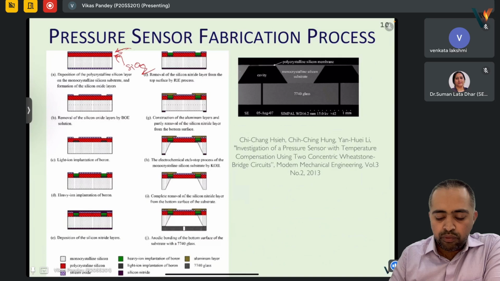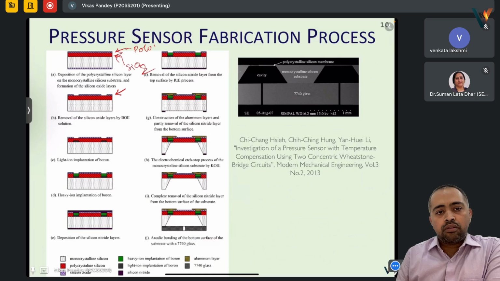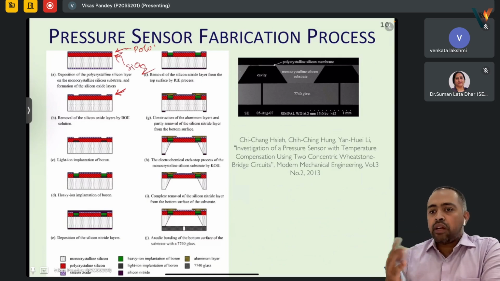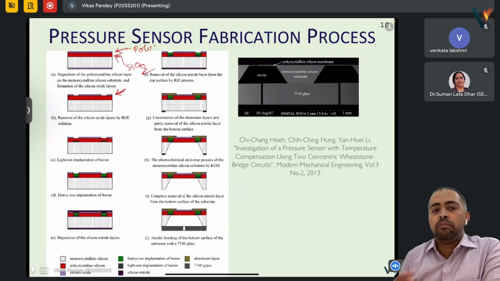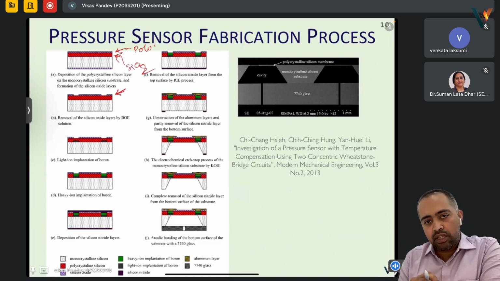Then on top of it, they are putting polysilicon. Then they are first patterning this polysilicon. So the step can vary according to what optimization has been planned. Process flow can be different. First they are making the resistances.